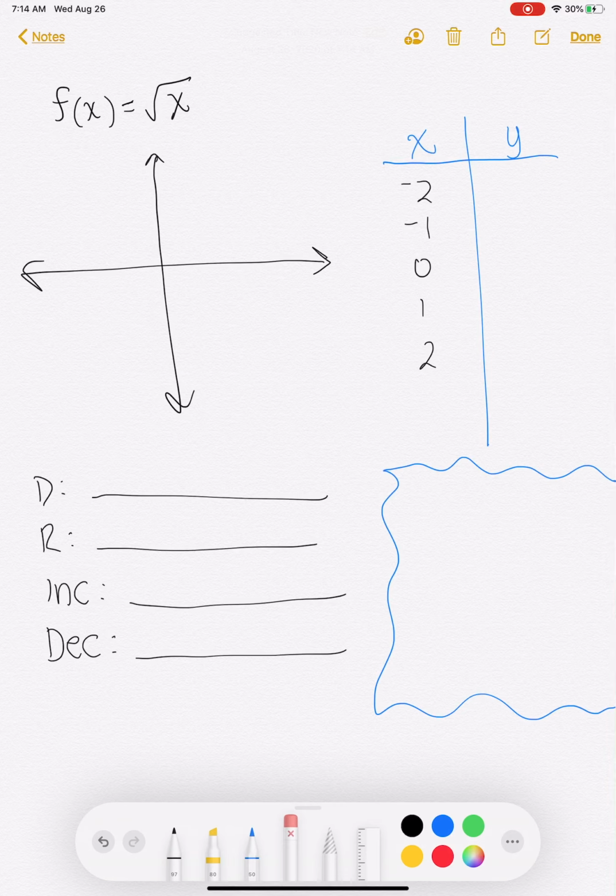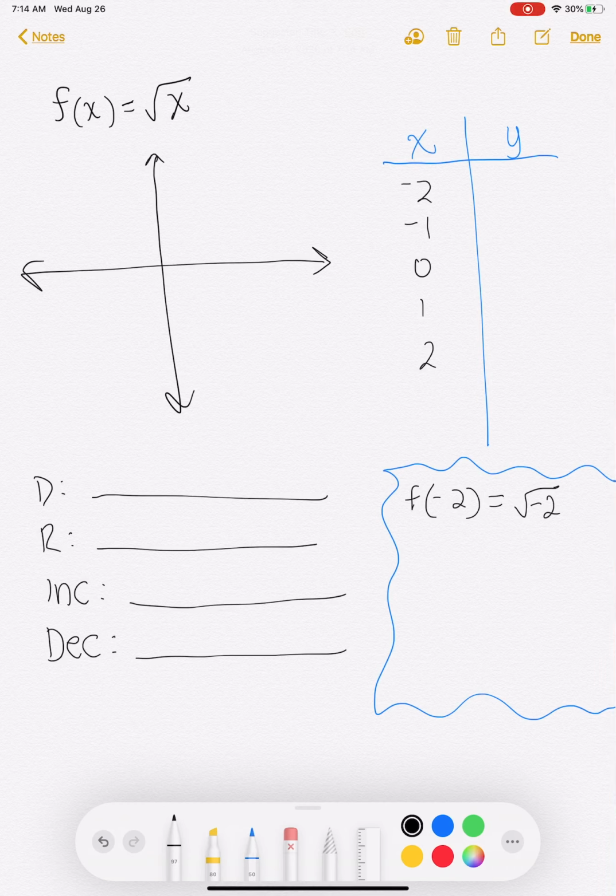Okay, so we have a square root. That means I'm plugging in these numbers in my table to that x variable. So let's say we plugged in -2. I'll do that down here. If I plugged in -2 for the x, well, I hope that we recognize a problem here.